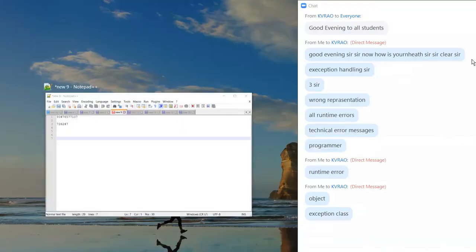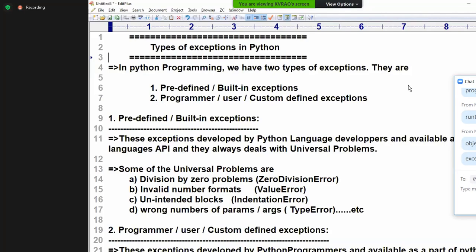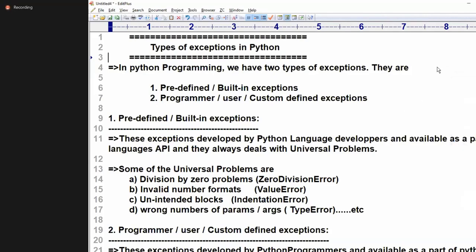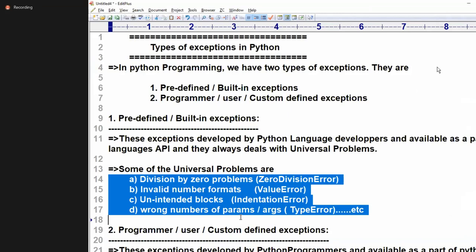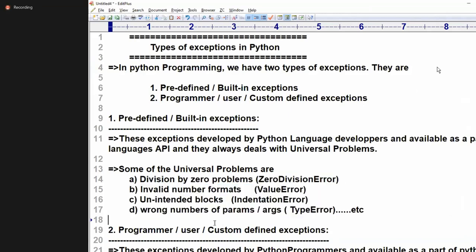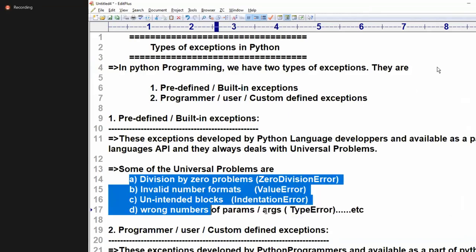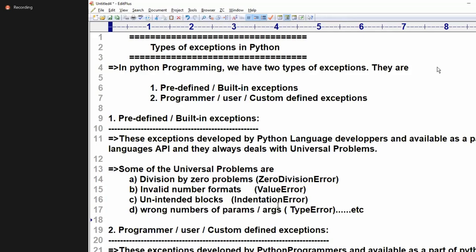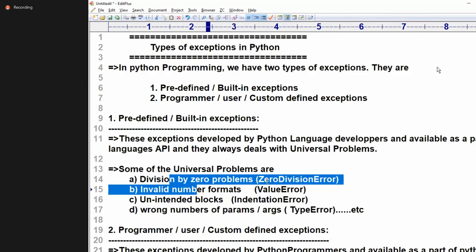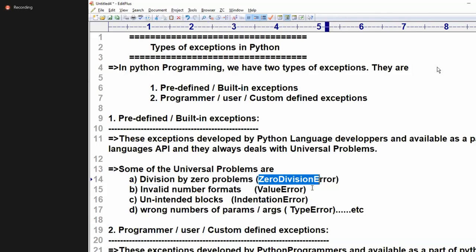For any type of exception, internally an object is created, and the class name will be taken. The programmer defined exceptions are those developed by the programmers themselves, and they always deal with the common problems which happen in our Python project.